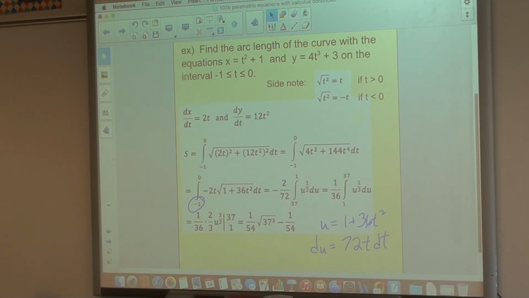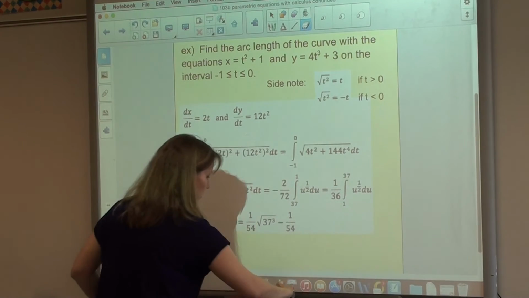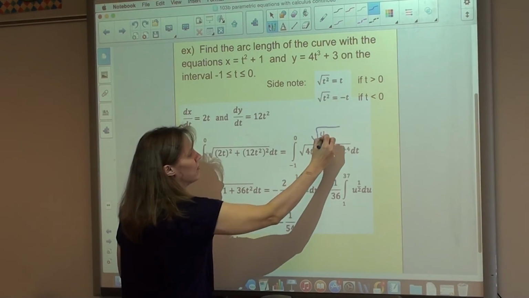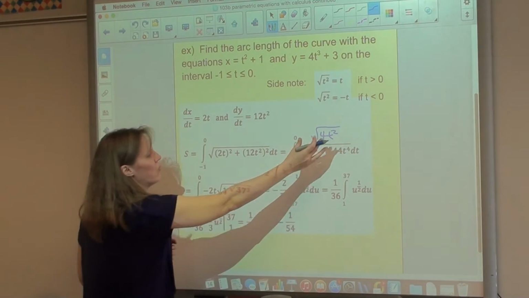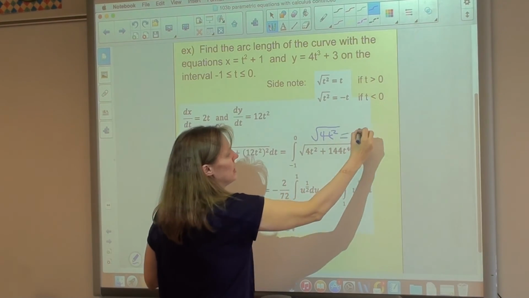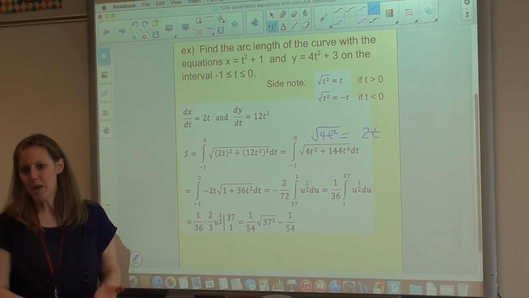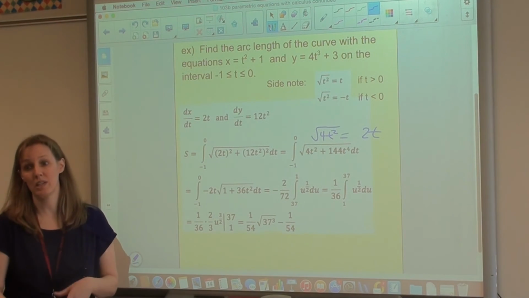Questions? Yes, Troy? Can you explain again why you got the -2t? Okay, we knew we needed to pull a square root of 4t² out. The square root of 4t² is equal to 2t if t is positive, but if t is negative, it is equal to negative 2t.